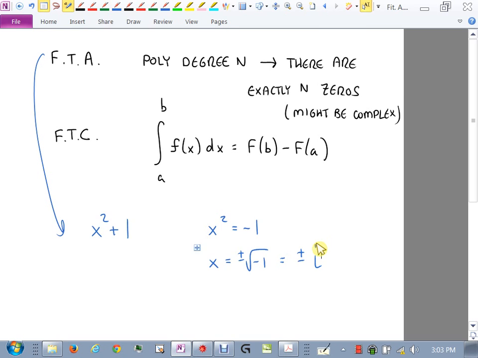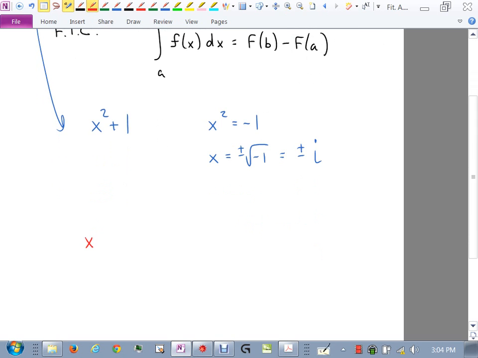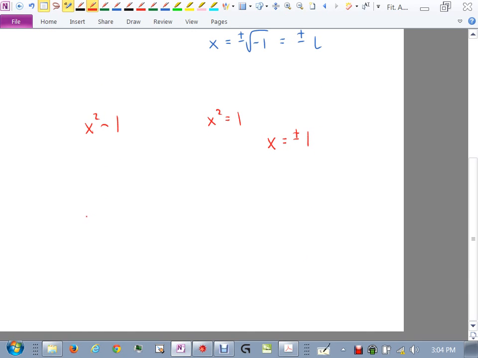Two answers. Now, of course, if I change the problem to x squared minus 1, set that equal to 0, that's almost too easy, right? x equals plus or minus 1. Yes? But what about if I do this? x to the third minus 1. Set that to 0.